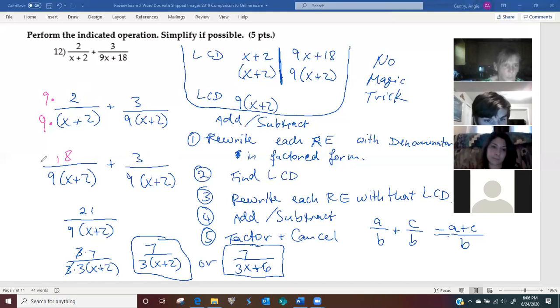But you really probably need to go from here to 18 plus 3 over 9 times x plus 2. Completely illegal to cancel these two. Okay, now that makes more sense. Only if you have multiplication, that is critical. And now here you're creating multiplication. Then it's legal to cancel that 3 and that 3.